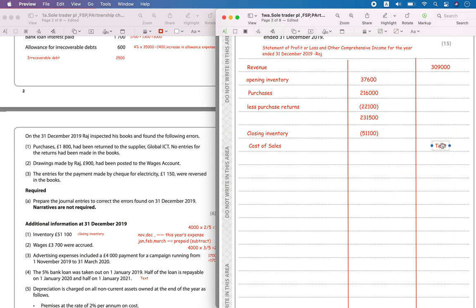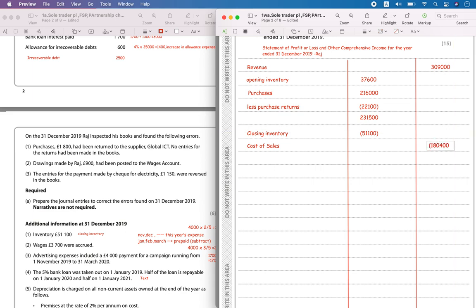This I have to subtract to get the gross profit. So cost of sales: 231,500 minus 51,100 is 180,400.